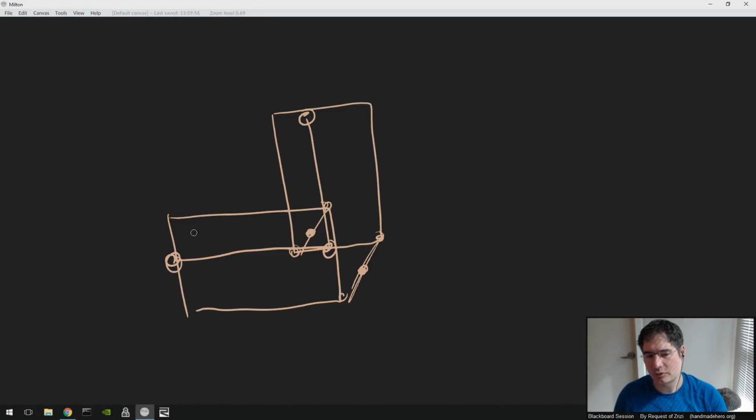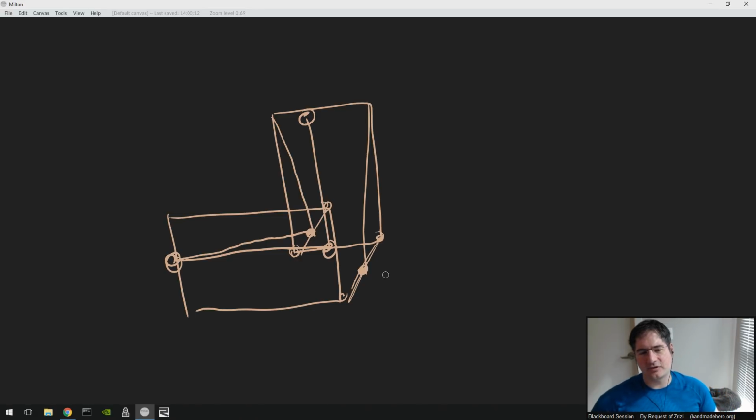Okay? So it's better. But is it good? I mean, it's better. A lot of games shipped on it. 90% of all 3D games probably shipped on it, right? It's better, but is it good? Okay? And the answer is no. It's not very good, right? That's not what an elbow looks like when it bends at all.